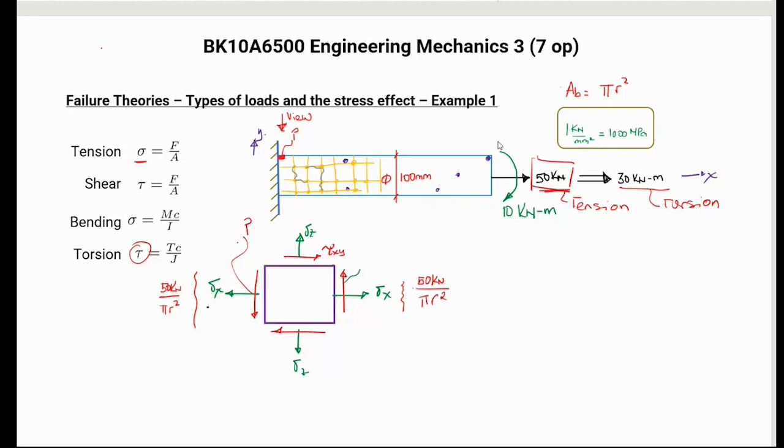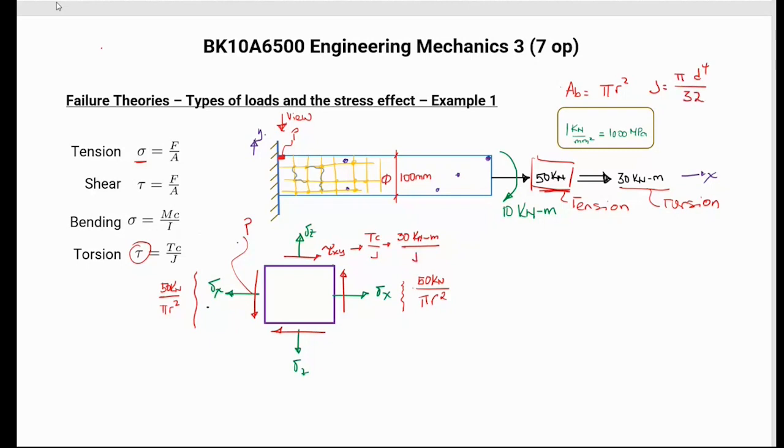This one here is going to be, actually, I'm going to write right here, the resultant of the torque, which is, let me write it all complete, 30 kilonewton meters divided by J, which is the polar moment of inertia. And you can find this J, this is a pretty common section, pi d^4 divided by 32.